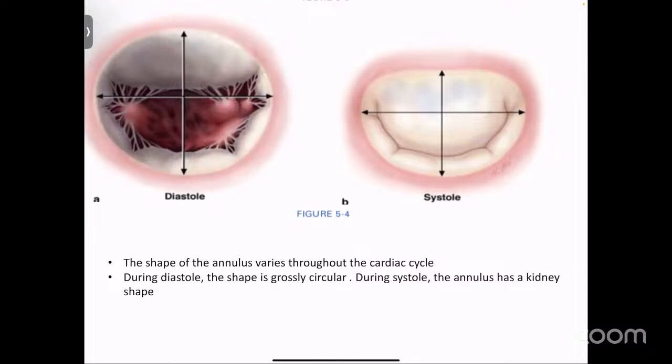The shape of the annulus during systole and diastole varies. For example, during diastole, the shape is grossly circular. However, during systole, it has a kidney shape.